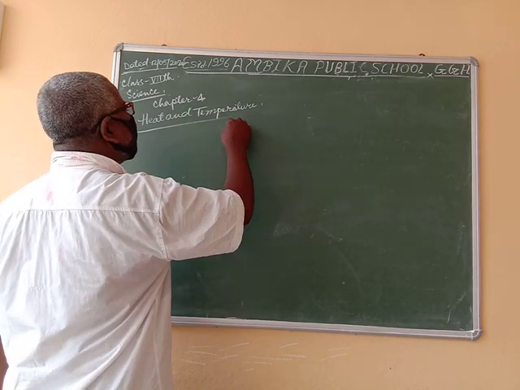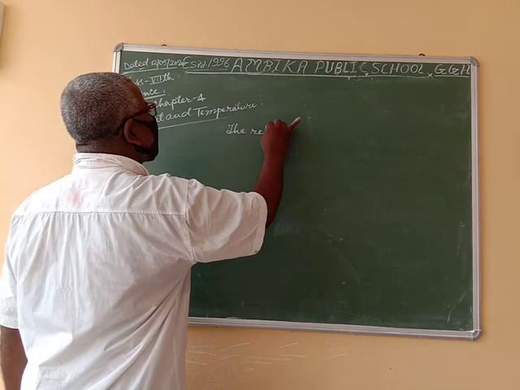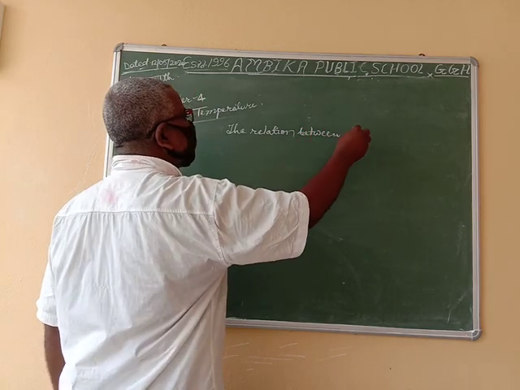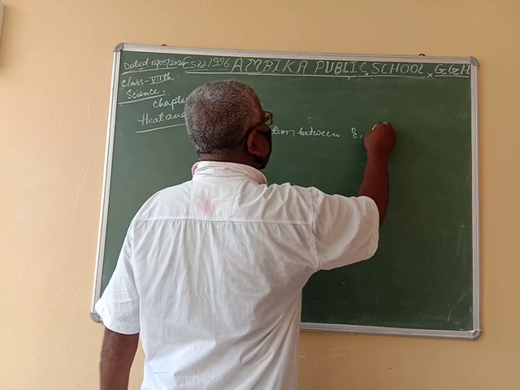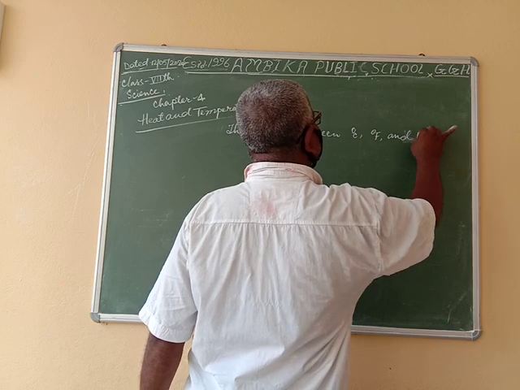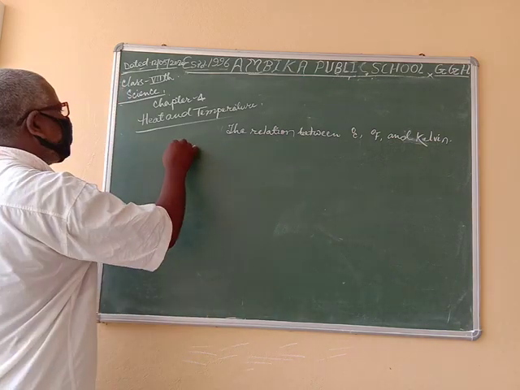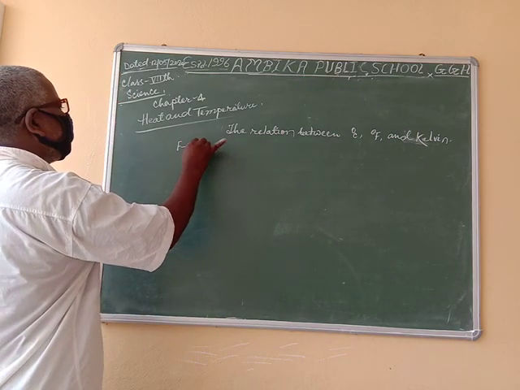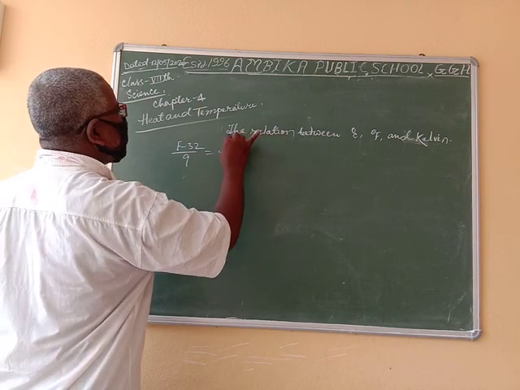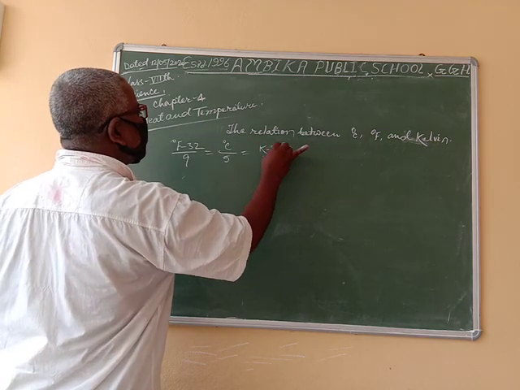In the next class, the relation between degree Celsius, degree Fahrenheit and Kelvin: (F minus 32)/9 = C/5 = (K minus 273)/5.